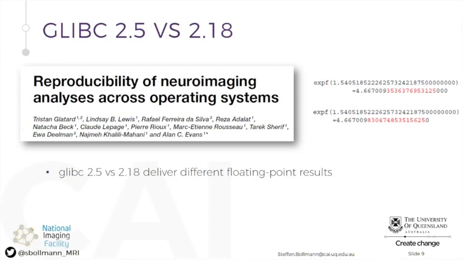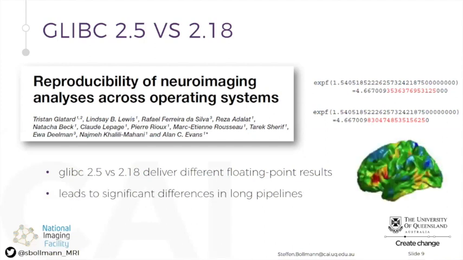What they found is that just an update from version 2.5 to 2.18, which is a while between the package updates, changed the floating point precision. If you just do an exponential function, you get a difference at the 6th digit, which you think, well, does it matter? Funnily enough, they found in the paper that they could produce significant differences on a group level just because of these floating point differences, because we have a lot of steps, they add up, and errors accumulate. So that was an interesting finding.